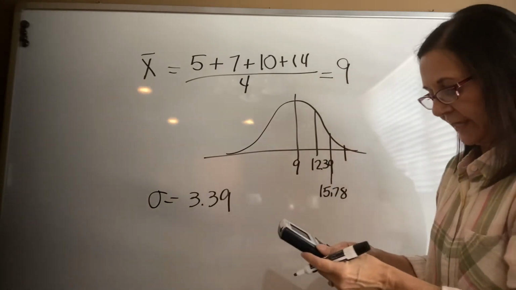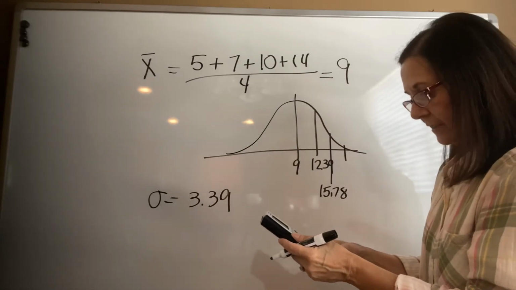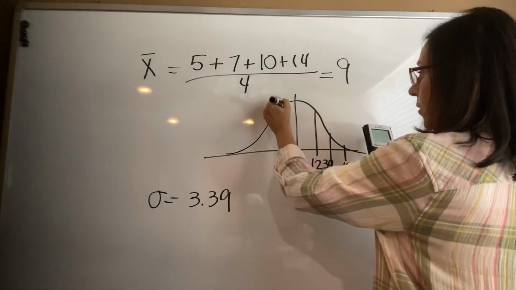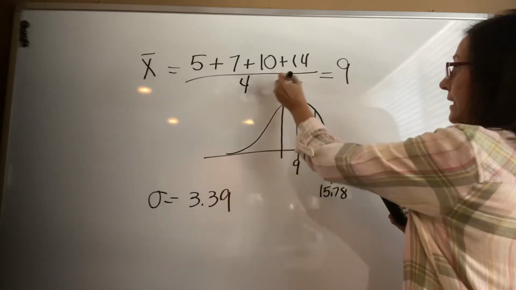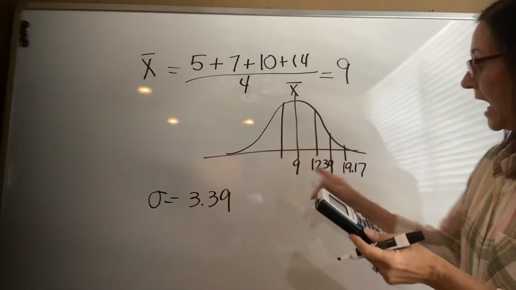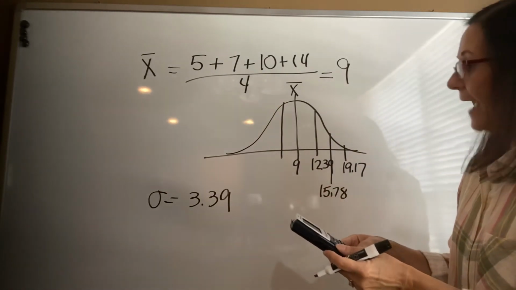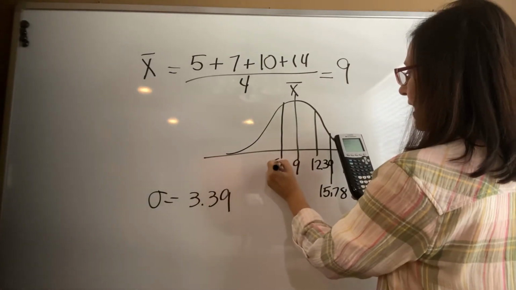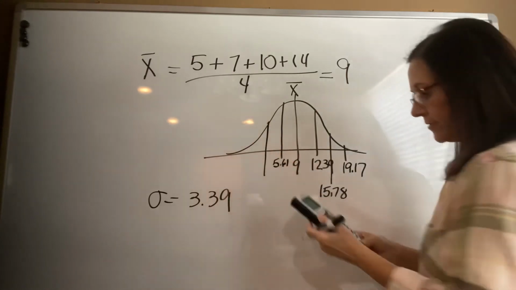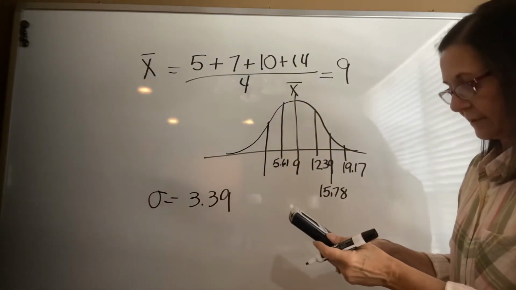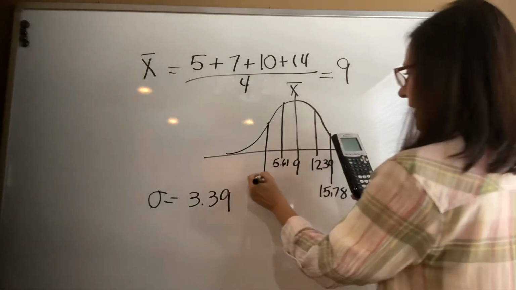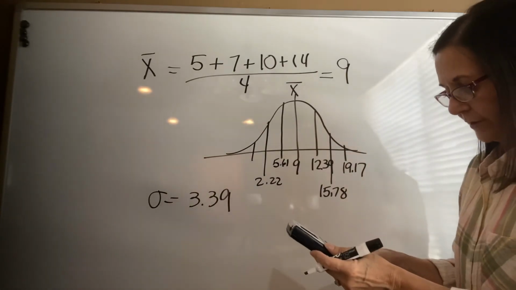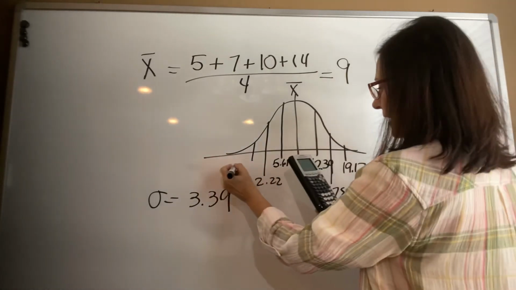For 3 standard deviations above, I just keep adding 3.39, so that's 19.17. Going down below the mean, I take 9 and subtract the standard deviation. So this would be 5.61. For 2 standard deviations, I again subtract 3.39 and get 2.22. For 3 standard deviations, I subtract 3.39 and get negative 1.17.